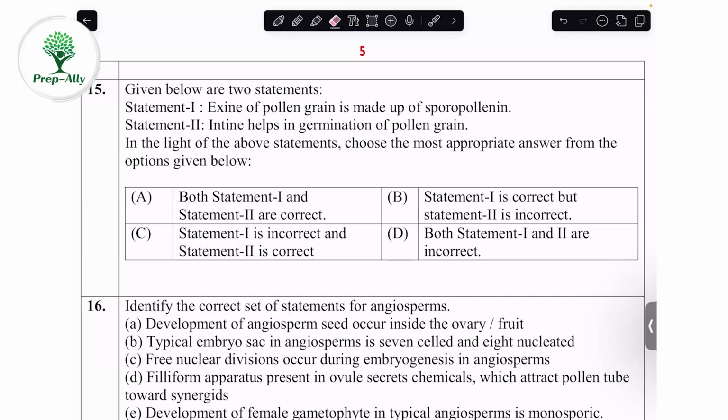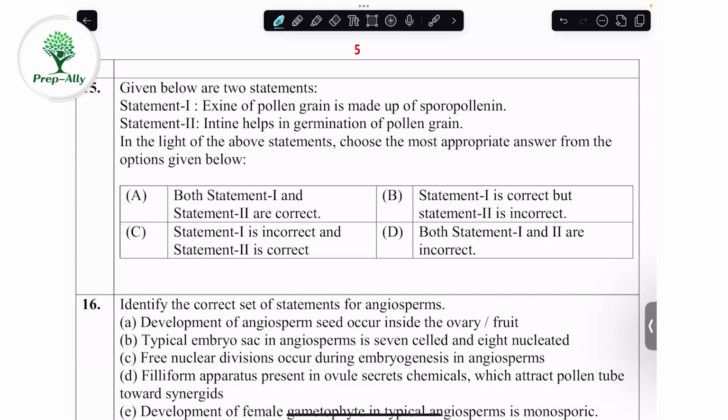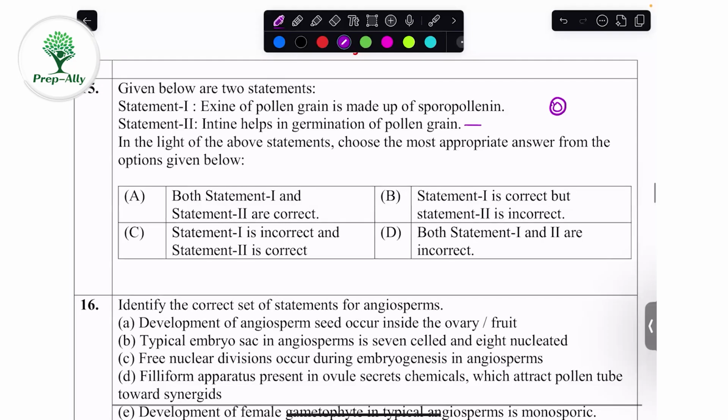Take statement 1, exine of pollen grain is made up of sporopollenin. This pollen grain has two layers, exine and intine. The exine layer of the pollen grain is made up of sporopollenin. The intine layer of the pollen grain is for germination. It is mainly helpful in the formation of the pollen tube.